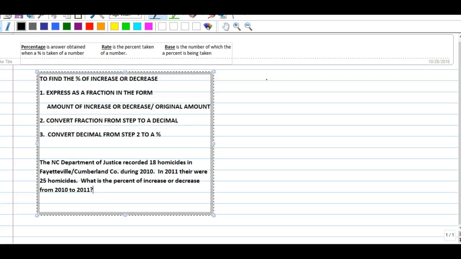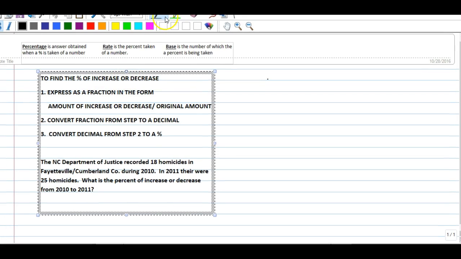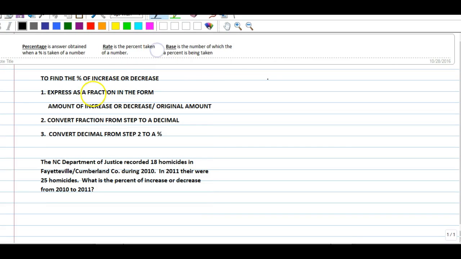The last type of problem that we're going to discuss is how to find the percent of increase or decrease. This is very similar but not quite the same as finding what percent one number is of another. As you see here in my rules, I'm going to start out with a fraction, take that fraction and express it as a decimal, and then convert that decimal to a percent.